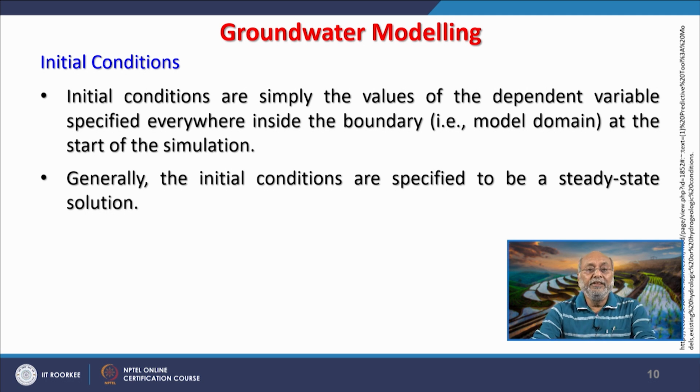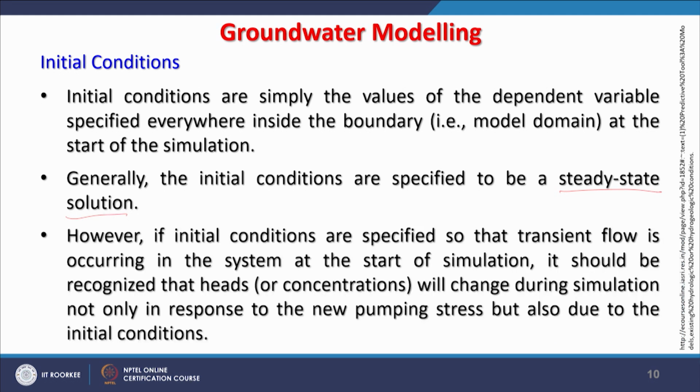Generally, the initial conditions are specified for steady state solutions, and however the initial conditions are specified, transient flow is occurring in the system at the start of simulation, and that is why it is called initial condition.